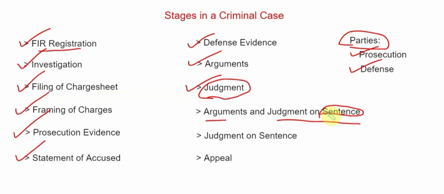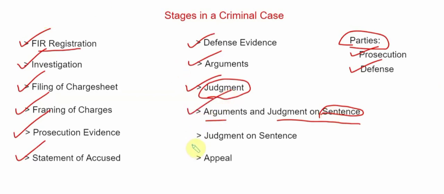In the IPC, if you look at any of the sections, it's going to say up to 7 years or up to 2 years plus fine. So the court is going to apply its mind and decide whether I should give this person a fine alone, or maximum punishment, or just the minimum. All these happen in this stage of the criminal case.